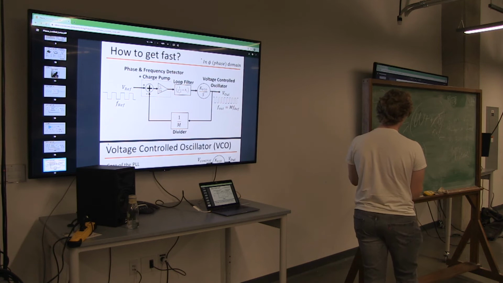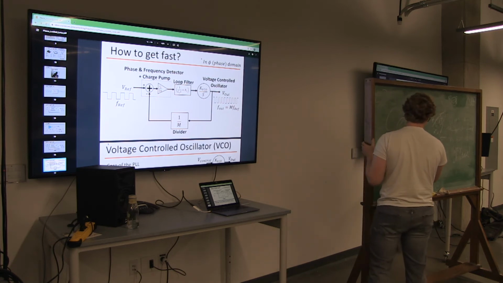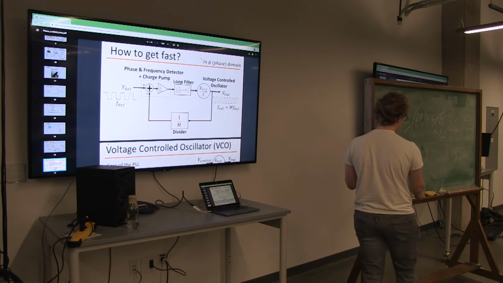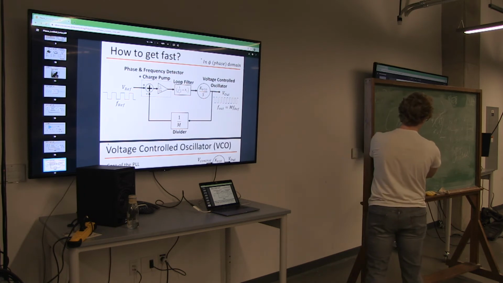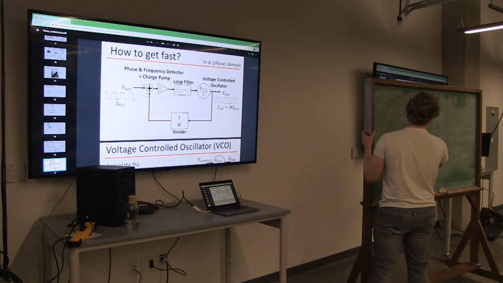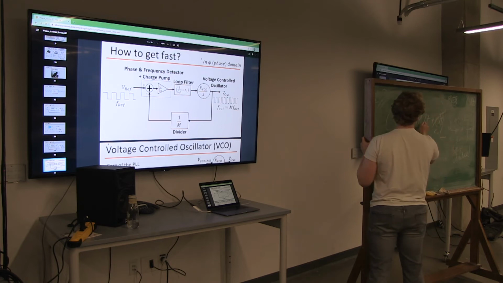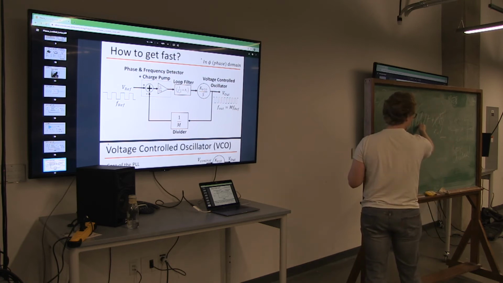And so if you differentiate this, right, then your t goes away, right? If you differentiate what's inside of the cosine. And so this term phi is actually the integral of frequency.